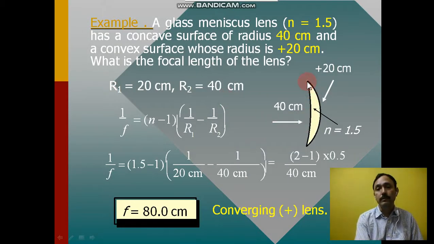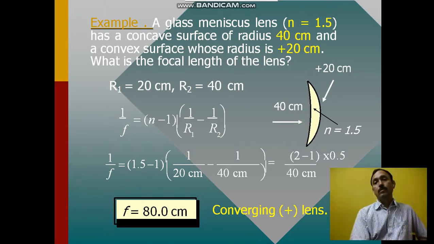So this is R1. That means when the light is incident, here this is 40 cm, this one is 20 cm.